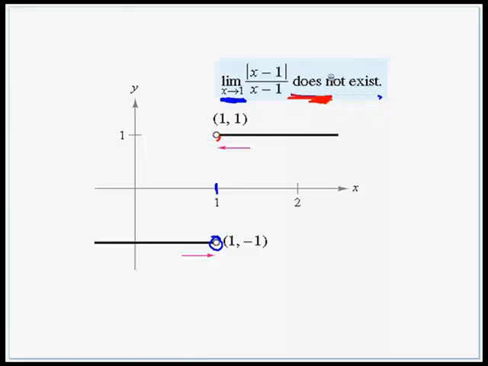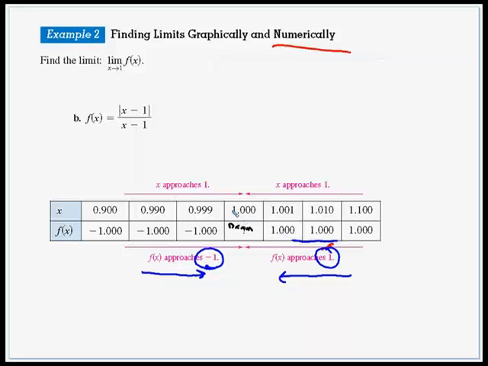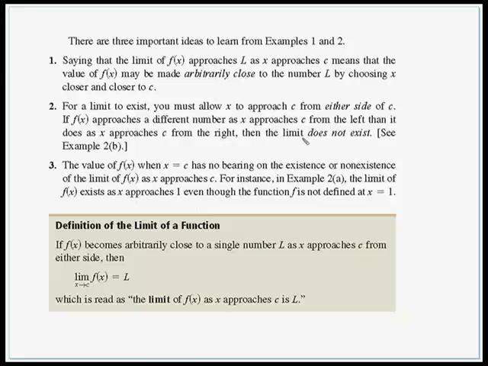As we approached from either side, we were approaching different numbers. As we approached from the left, we were approaching -1. As we approached from the right, we were approaching +1. The limit was different from either side. Here was our number at the middle of the table. We were interested in 1. As we approached from either side, we came to 2 different numbers. So that limit does not exist.